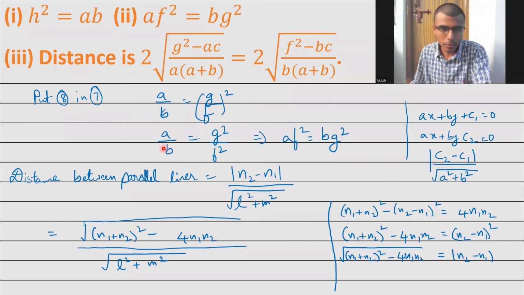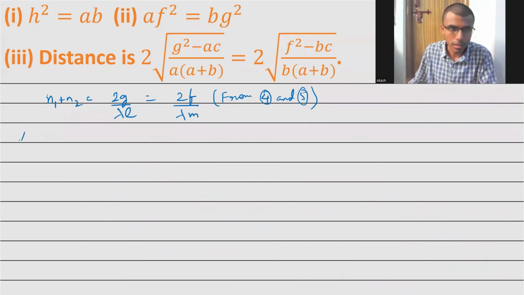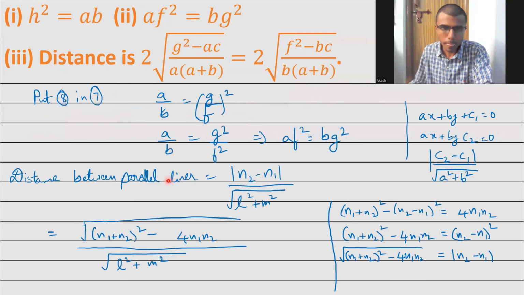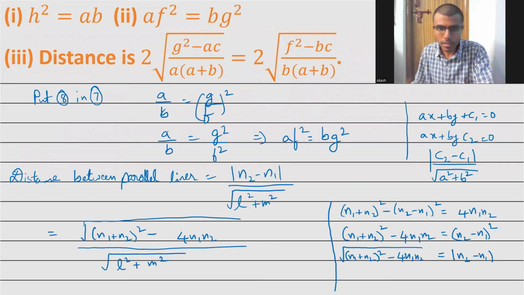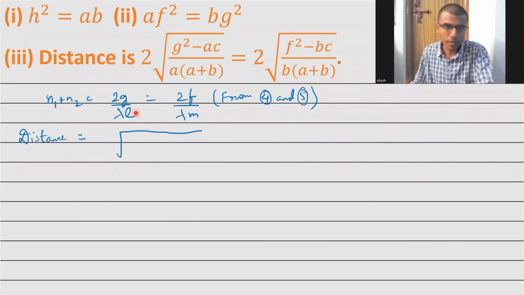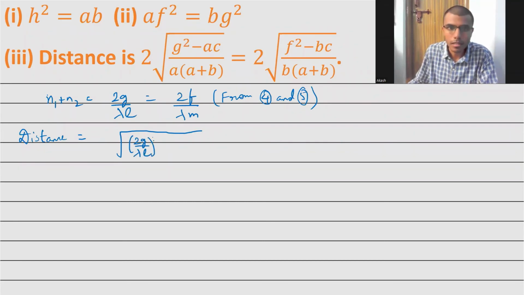Okay, now again just put it, distance is nothing but equal to under root of, in place of n1 plus n2, I can put 2g by lambda L whole square, minus 4 times n1n2.